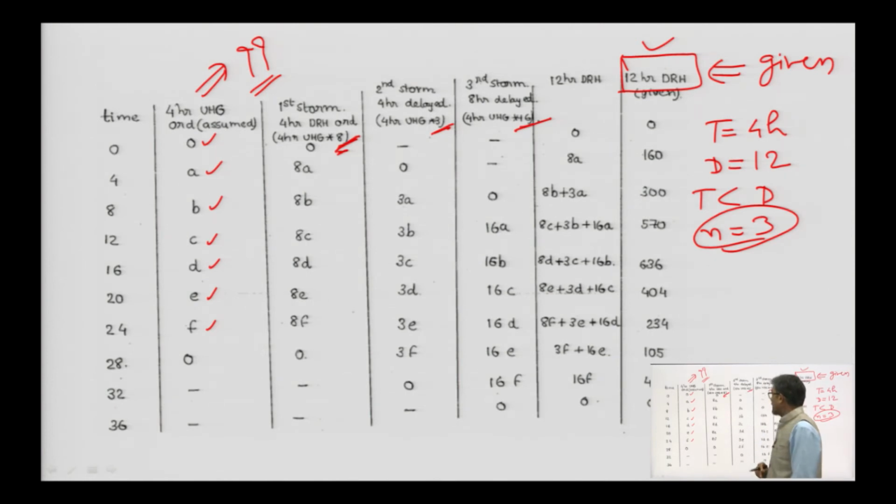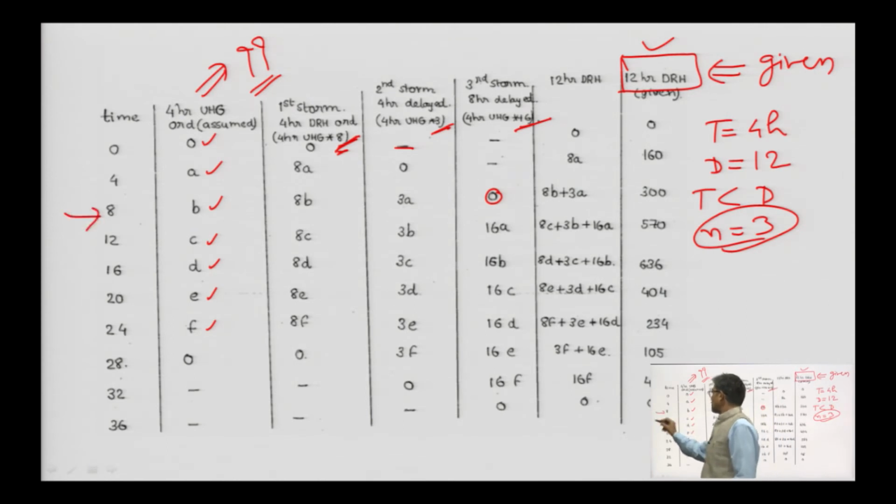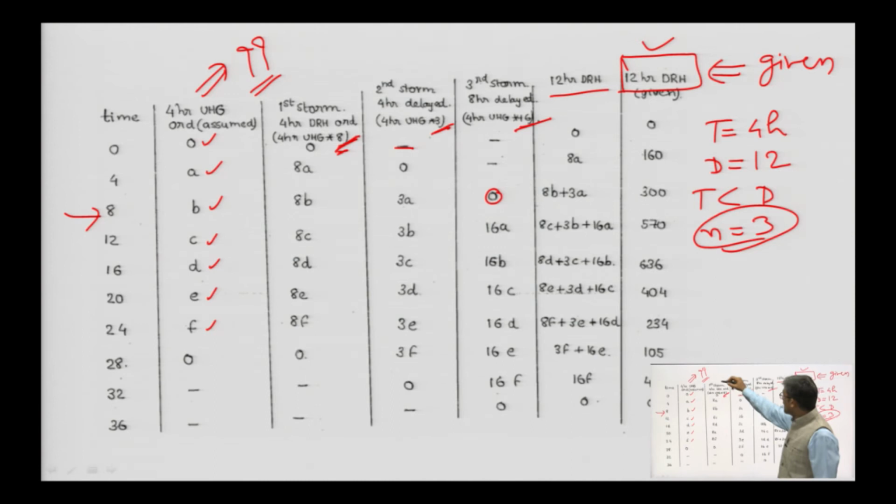All terms will be delayed by 4 hour, meaning the 0 ordinate will be at this one duration. So this is 8A, 8B, 8C, 8D and so on. This is 3A, 3B, this is 16A, 16B, and the 12 hour DRH will be the summation of this one plus this one plus this one.